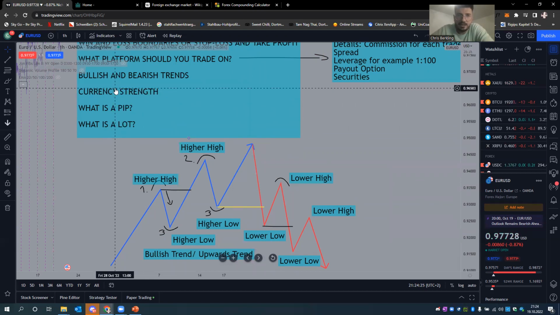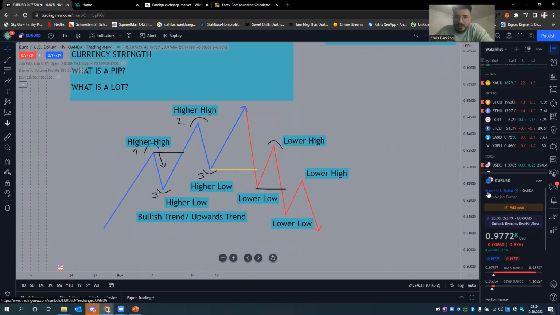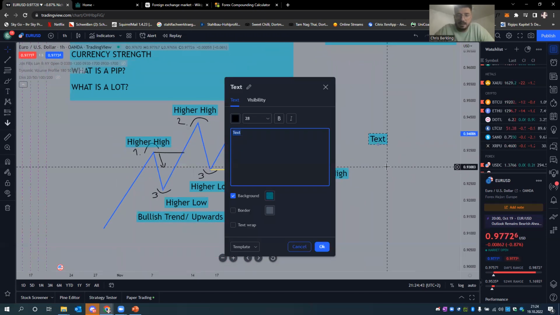Then currency strength goes right with this topic. So you have the currency, and if the euro, for example, in this case, is stronger than the US dollar, we're going up. So if the currency in the front is stronger, the trend is bullish, or we have upwards momentum, you could say.